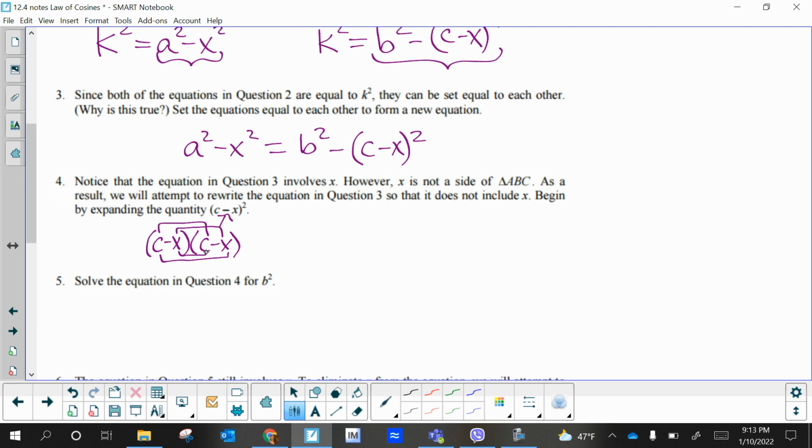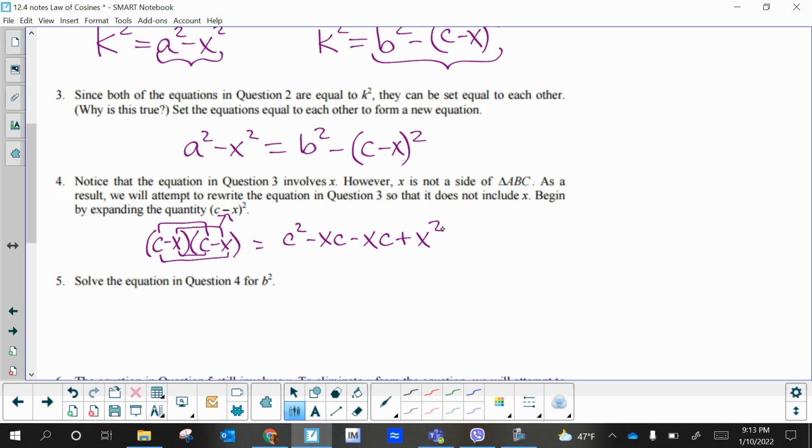Okay, so we should get c squared, and then c times negative x is negative xc. And then notice we're multiplying that again, so we've got another negative xc. And then negative x times negative x is positive x squared.